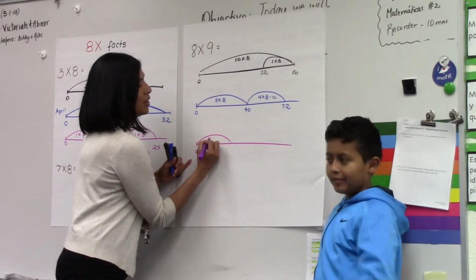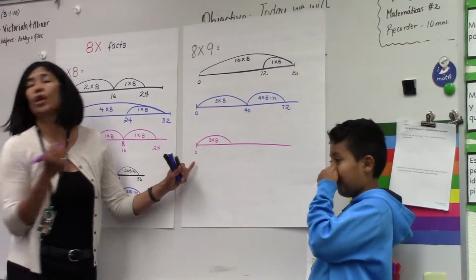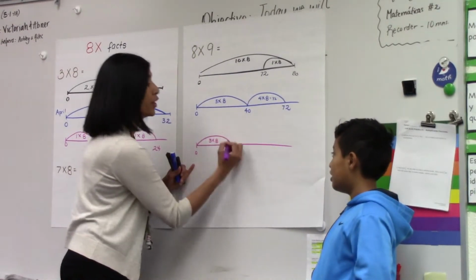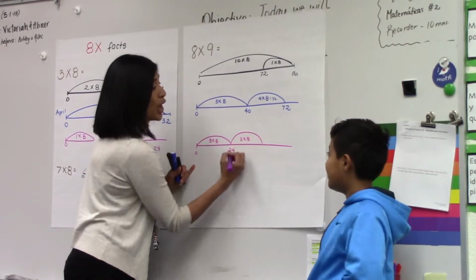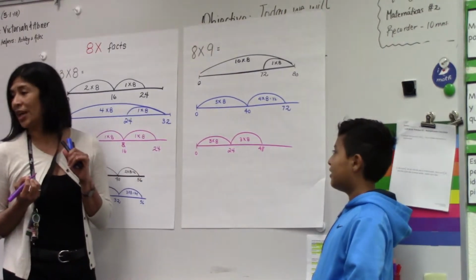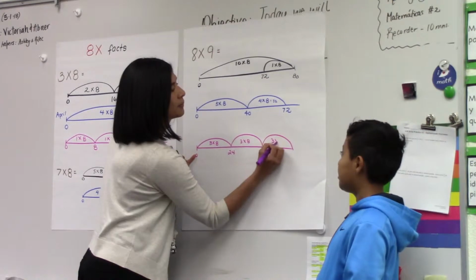Okay. So Dylan did 3 groups of 8, and 3 groups of 8 is, class? 24. And another 3 groups of 8. So now 24 and 24 is 48. And what else do you think he did after that? Another 3 groups of 8. Because 3 times 3 equals 9.